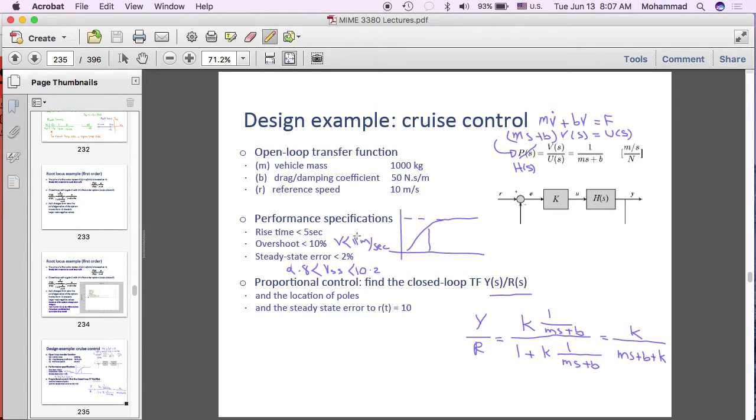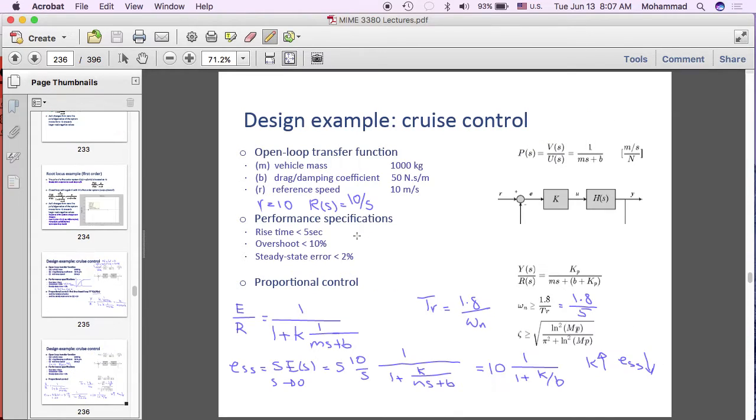So that requires maintaining a certain value of natural frequency, as you can see and we reviewed last time on this slide. So we need to maintain a certain value of natural frequency, and we need to exceed a certain value of damping ratio in order to achieve the desired value of rise time and the desired value of overshoot.